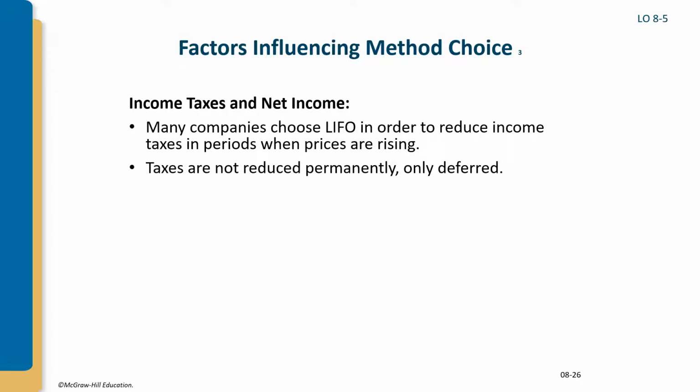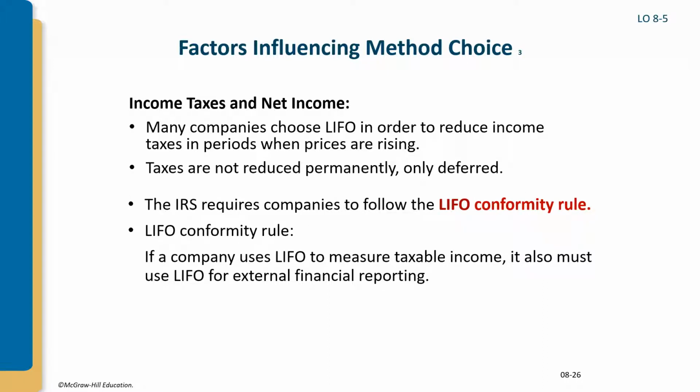Many companies choose LIFO in order to reduce income taxes. The IRS requires companies to follow what we call the LIFO conformity rule. That says if a company uses LIFO to measure taxable income, which is for their tax return, it must use it for their financial statements.